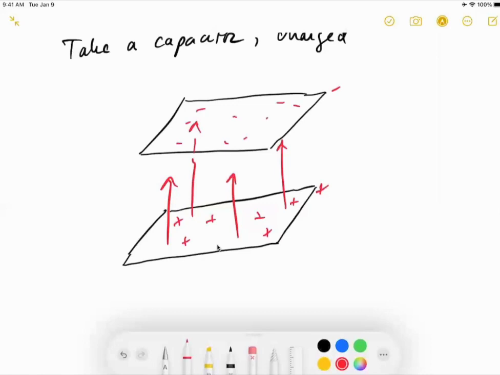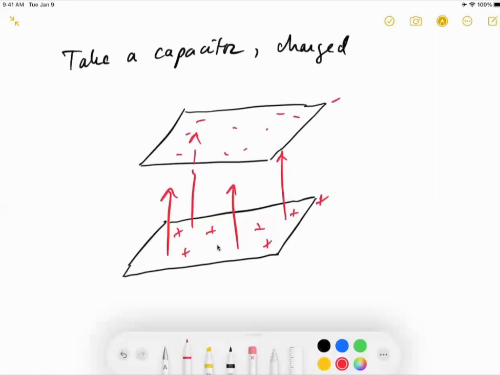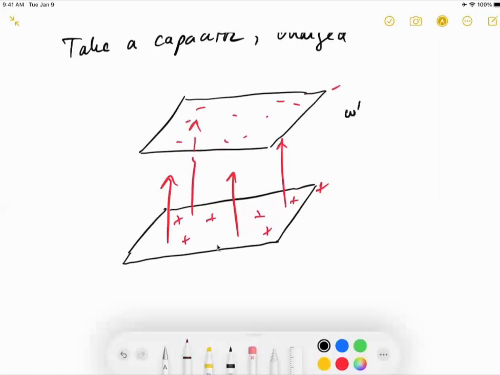And now we can say, where is the energy stored? Well, there are two things that happen when we are charging it. We are moving charged objects onto those conductors, and we're also generating an electric field.